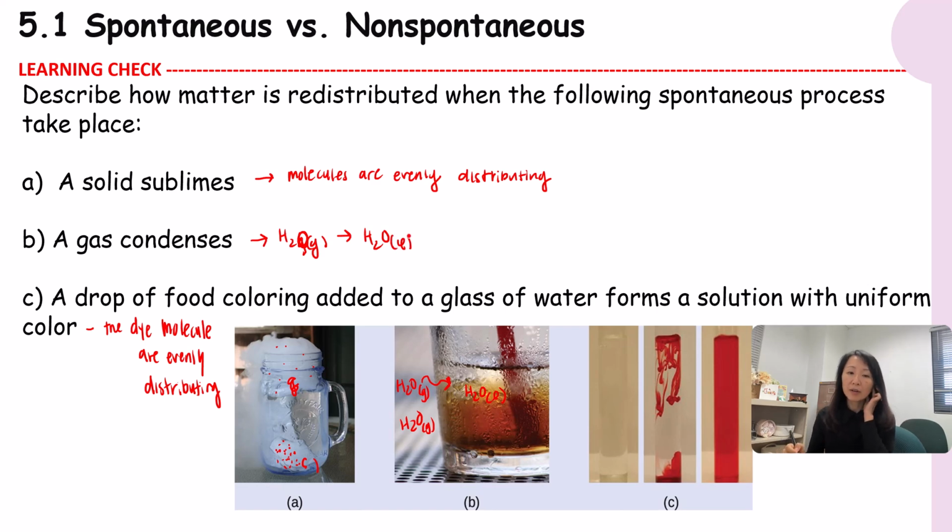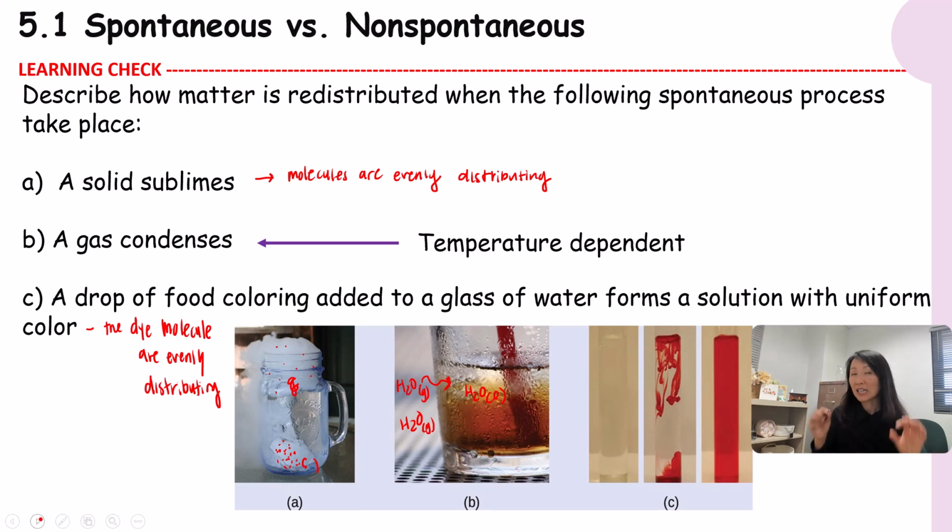So you might think, well, this is a gas, they're all evenly distributed, and now they're coming together. How is this a spontaneous process? But in real life, you'll see that it's not forced, it just happens. This is still a spontaneous process, and the reason is that gas condensation is temperature dependent.